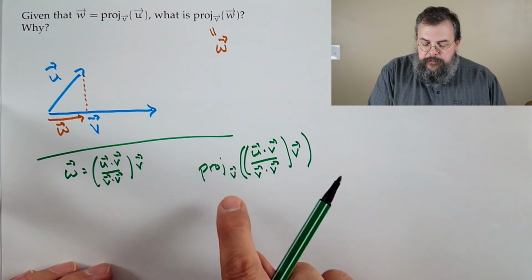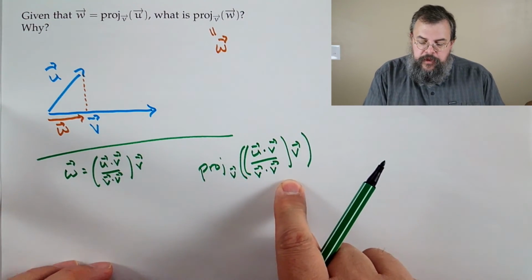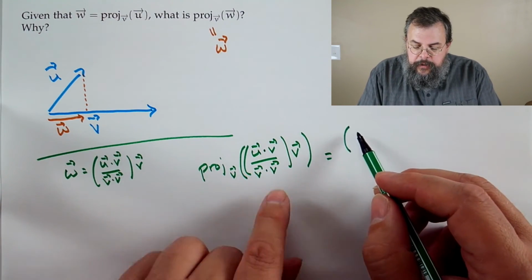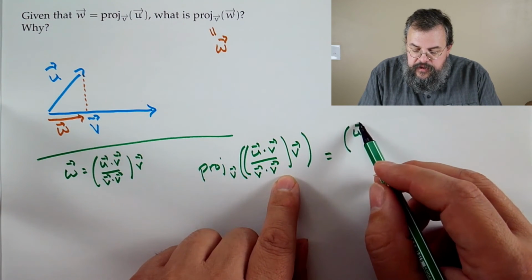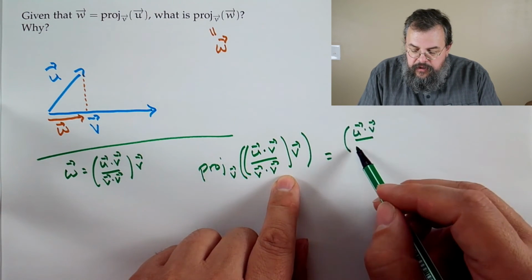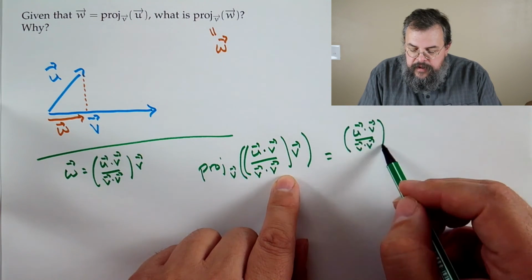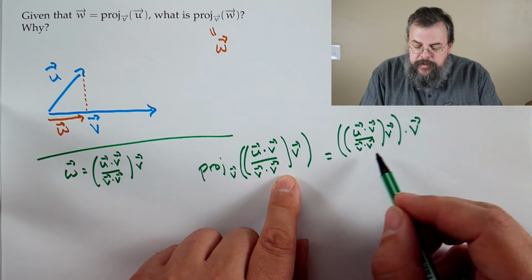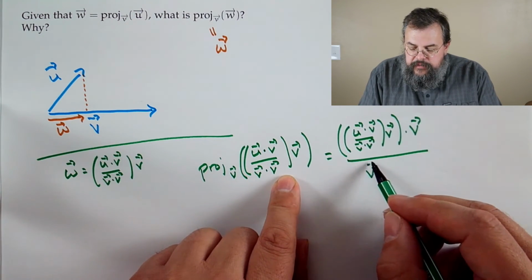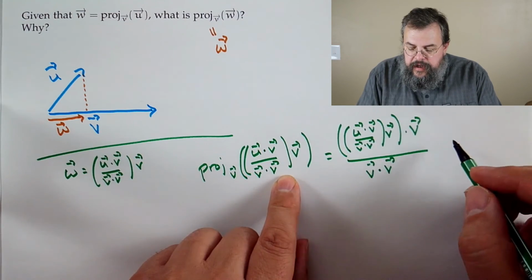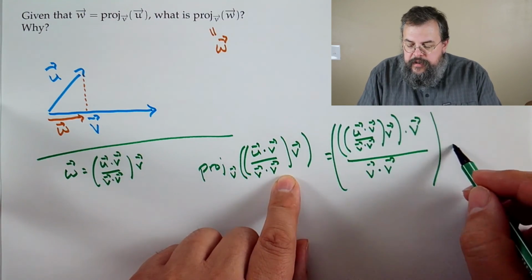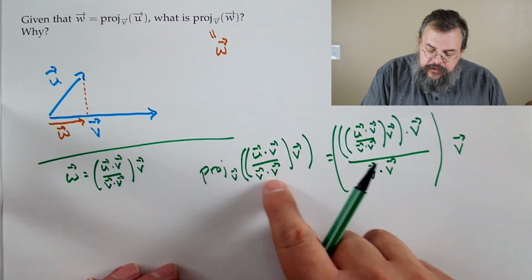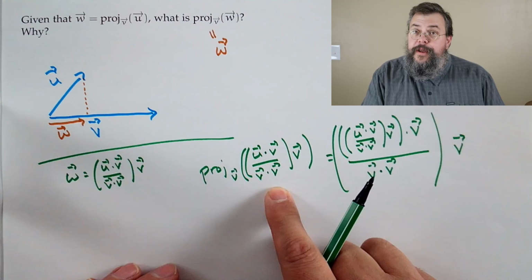That's the projection of w. So the rule says you take whatever you're projecting, u dot v over v dot v times v, and then dot that with v, divide that by v dot v, and all of that times v. So that's simply saying, take this formula and put it into the projection formula.